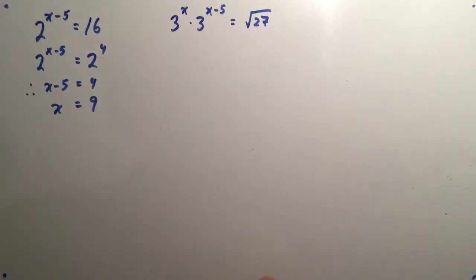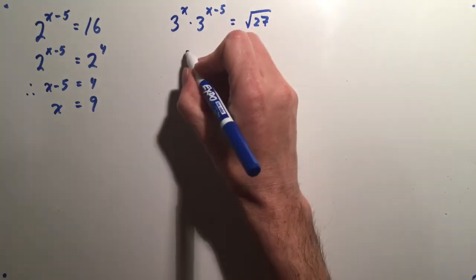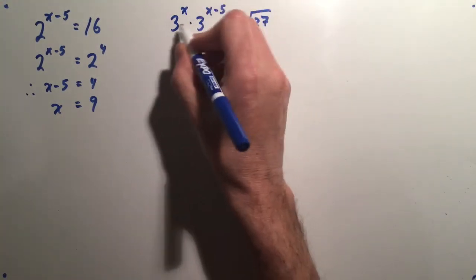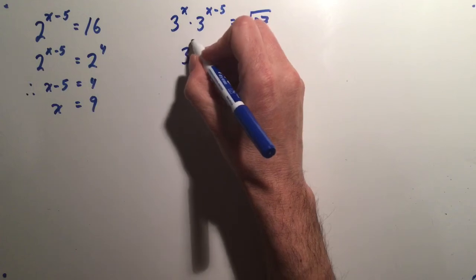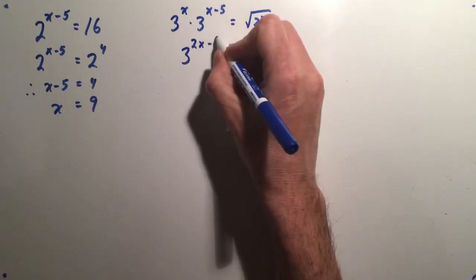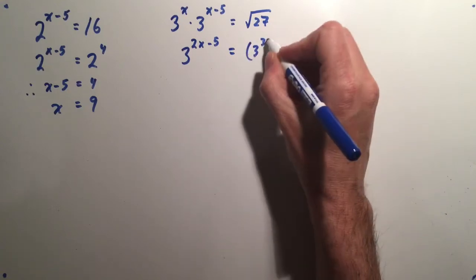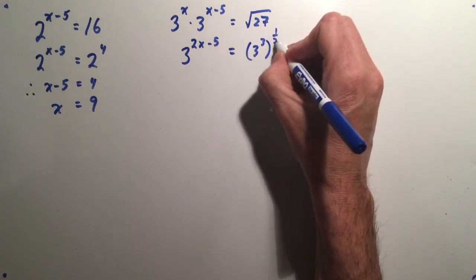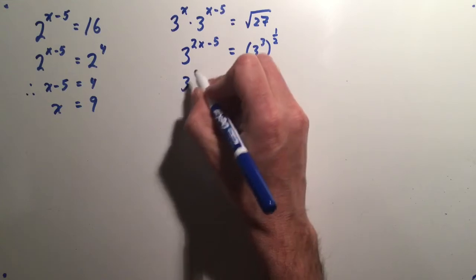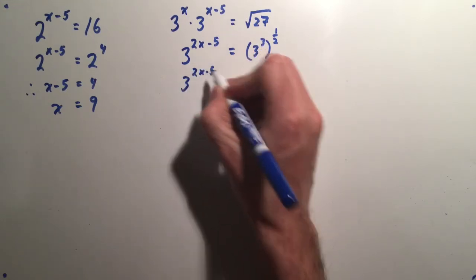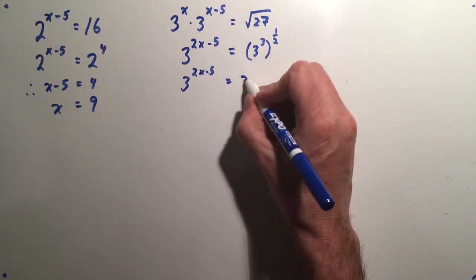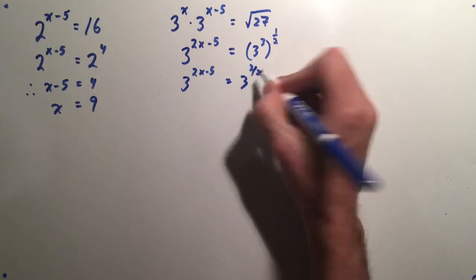Let's try this one, which is slightly more complicated. We're going to use our rules of exponents here. Like bases, when multiplying, you have to add your exponents, so this becomes 3 to the 2x minus 5. This is 3 cubed, and square root is the same thing as raising to the 1/2 power. So again, we continue to simplify this right side, and now that becomes 3 to the 3/2 power.